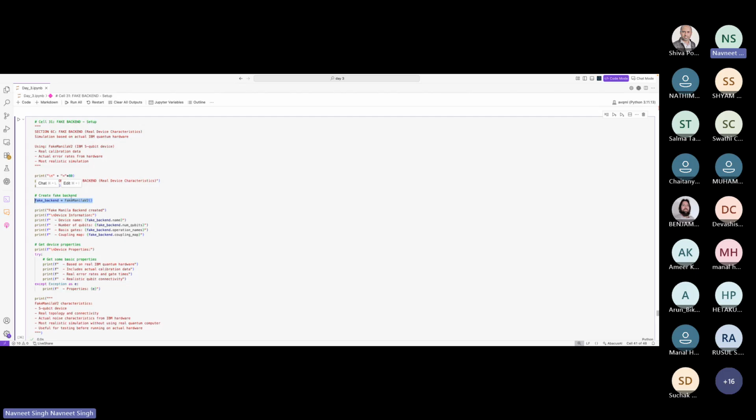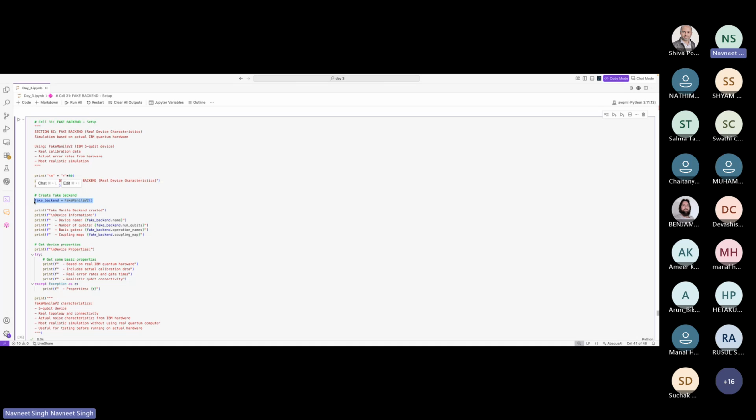And for this Manila one, this particular simulator has, as I told you, the same number of qubits and the same type of connectivity. If you remember, on the first day I showed you that blue connected graph, sorry, map kind of thing, that is the connectivity map.